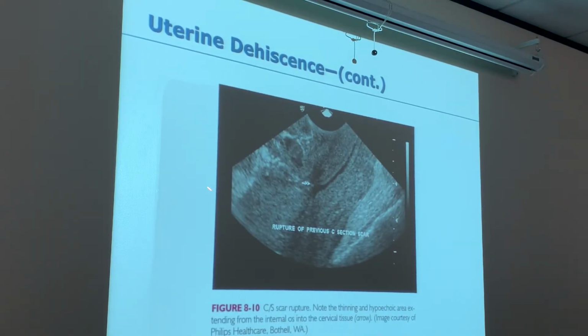Here is a rupture at a previous C-section. Here is my cervix with a little bit of fluid. Here's my lower uterine segment. This is a bikini cut. So what happens is they cut it down here underneath the belly, and you can see that you've got a little triangular defect.